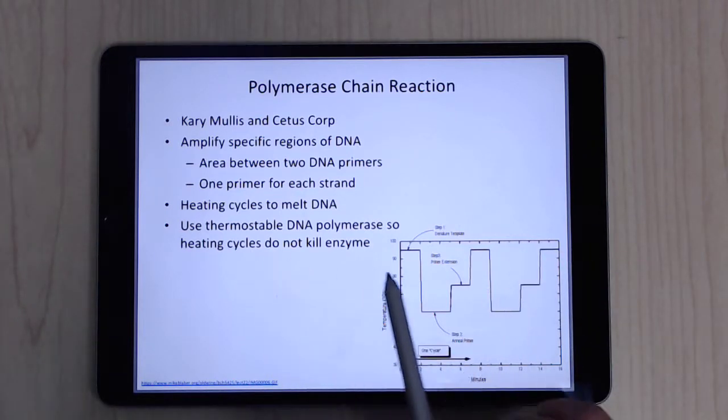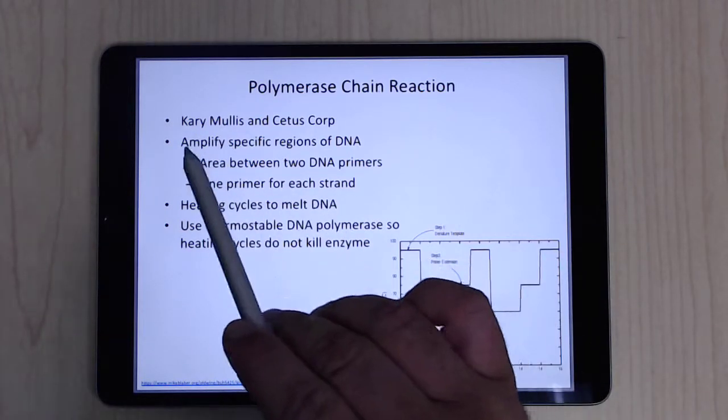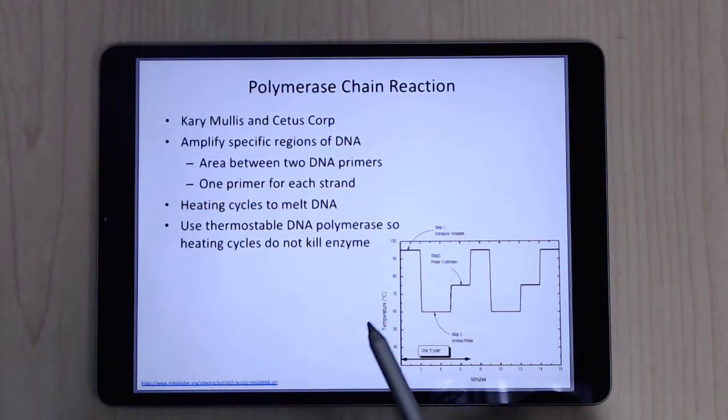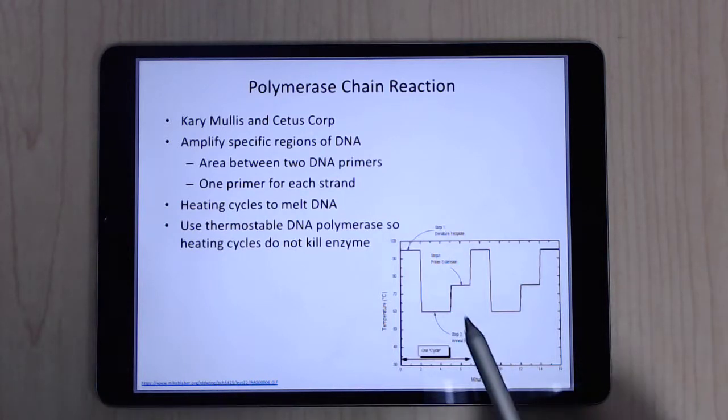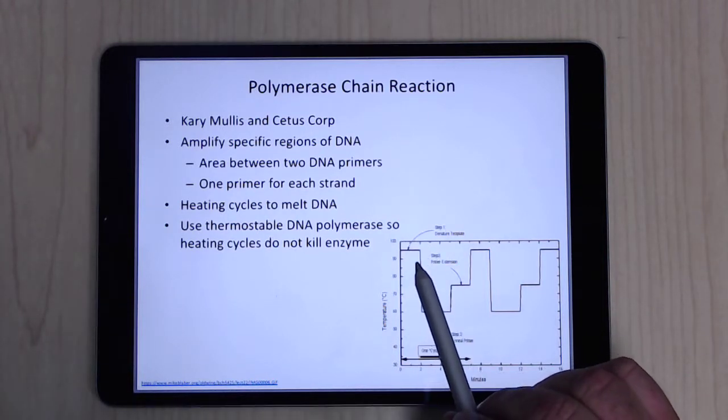But one of the amazing things about the method Kary Mullis developed is that it used a thermostable DNA polymerase from Thermus aquaticus, which comes from hydrothermal vents at the bottom of the ocean. These are organisms that grow at 100, 110 degrees Celsius, so they can stand these extended times at high temperature.